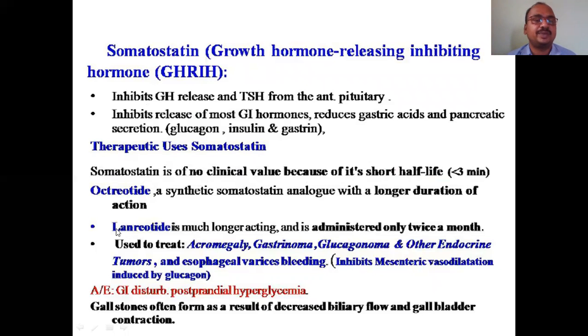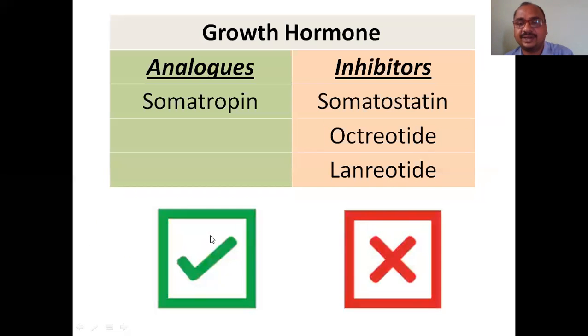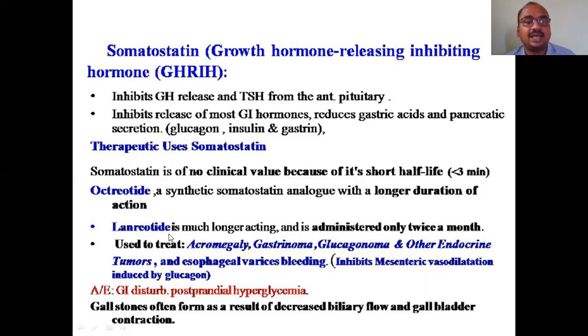Therapeutic uses of somatostatin. Octreotide is a synthetic somatostatin analog. This was asked a number of times. And lanreotide, here you saw, no? Lanreotide is much longer acting. The name itself indicates longer, like that you can easily remember.